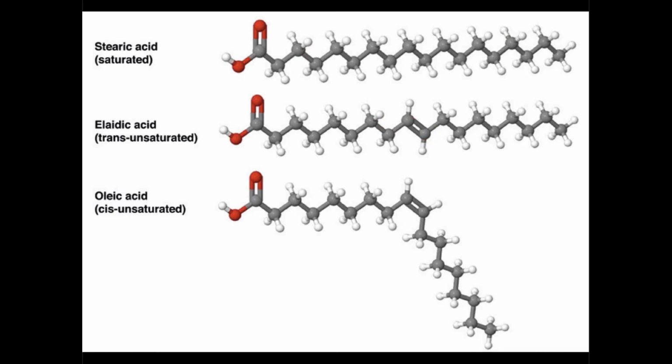But what about those trans unsaturated fats? That's this one here in the middle. How does it differ from the cis unsaturated fats? Well, trans and cis differ in the direction that the hydrogens point. Remember, these are rigid bonds, so they can't be spun around. So this particular unit here is locked in place.